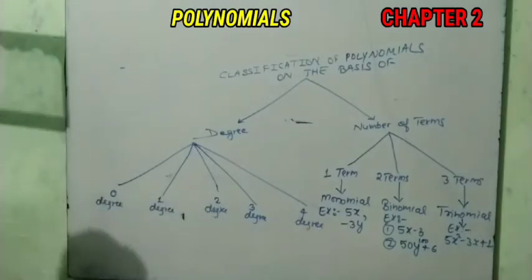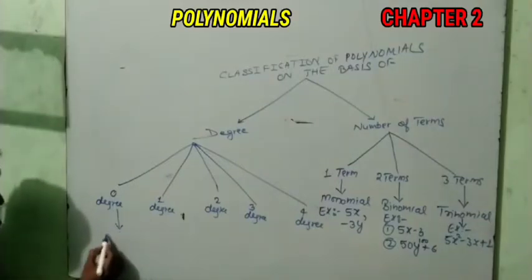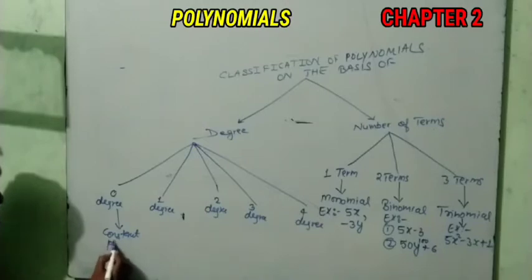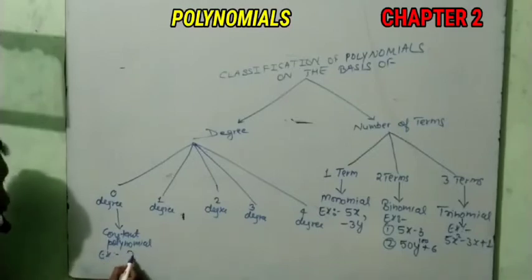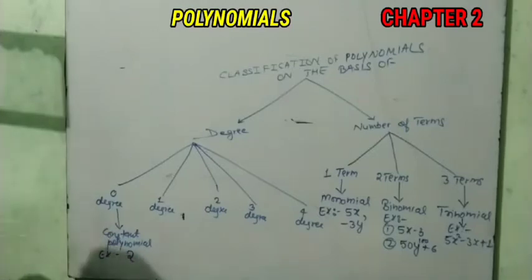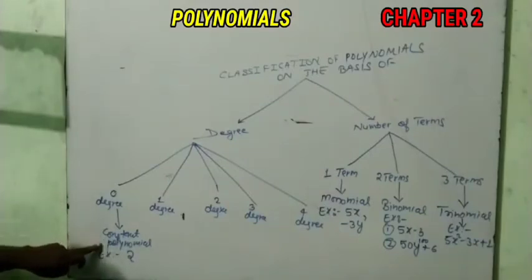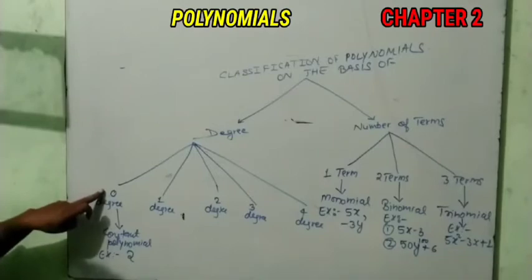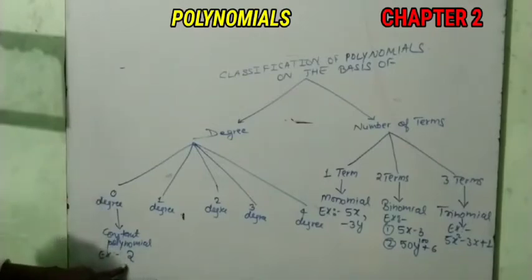If the polynomial is having the 0 degree, then it is called a constant polynomial. Example, it is done for numbers. Suppose 2. 2 is a number. So we will say that it is a constant polynomial because it is having the degree 0. Now the question arises, how?